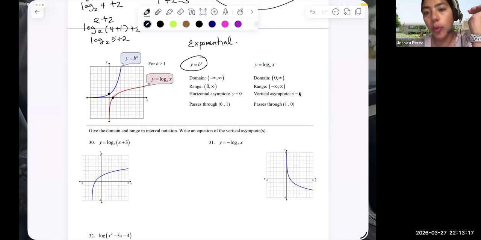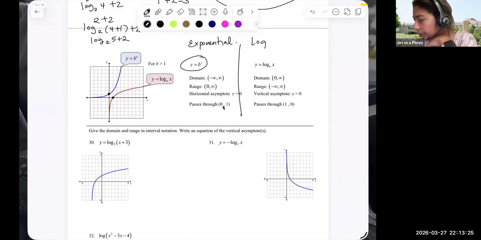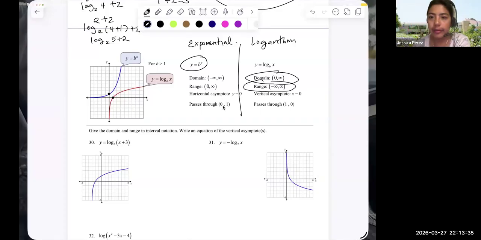It will have a horizontal asymptote at y equals 0, and it passes through the point (0, 1). Now, in the other case, for a logarithmic function, the domain is 0 to infinity, so the domain and the range will flop. The range will be negative infinity to positive infinity. Instead of a horizontal asymptote, you will have a vertical asymptote at x equals 0, and it will pass through the point (1, 0).